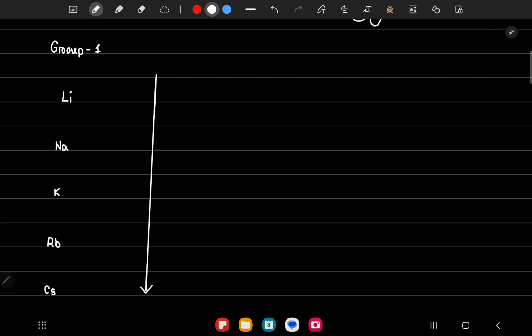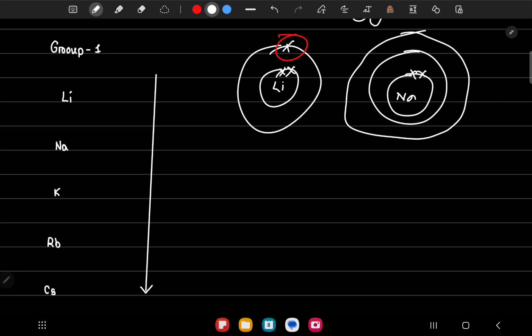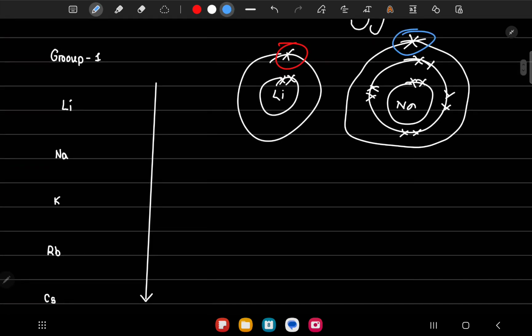Now if we go down the group, the distance between the outermost electrons, so for lithium it was this electron over here, this is the outermost electron. For sodium we have 2 here, 8 here and 1 here. This is the outermost electron for sodium.